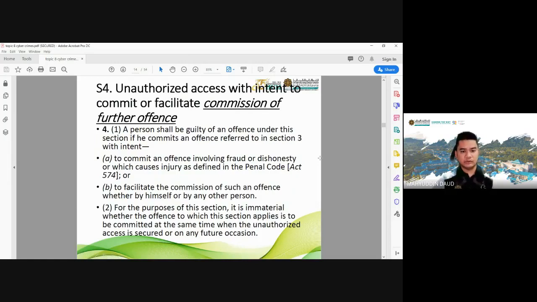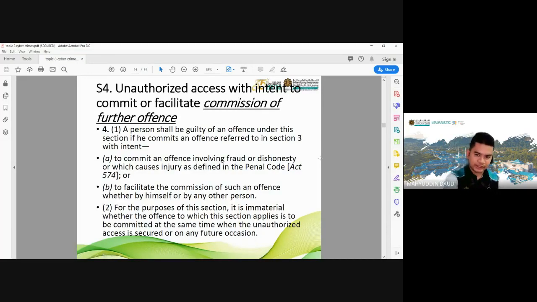offense under section 4. So section 4 talks about if a person shall be guilty of this offense if he commits an offense under section 3, but with intent to do something more. For example, 4.1a, he commits offense of unauthorized access under section 3, but again to commit an offense involving fraud or dishonesty, or which causes injury as defined in the penal code.